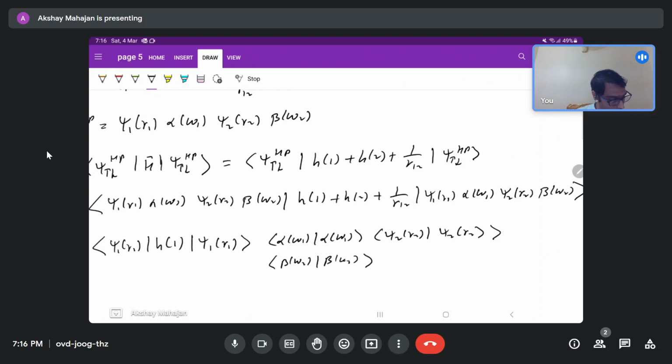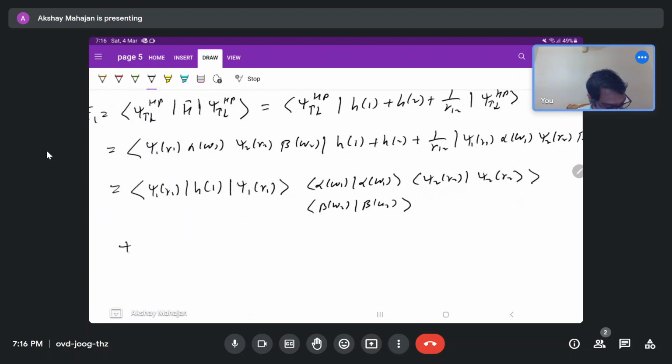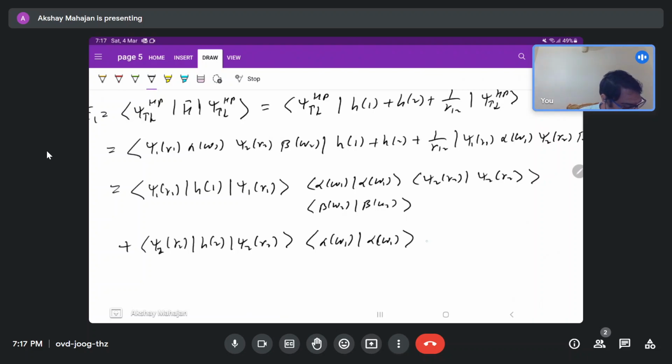So this will be for h1. We will have the similar term for h2, which will have psi2(r2), h of 2, psi2(r2), again with alpha(omega1), psi1(r1), and beta(omega2), beta(omega2).